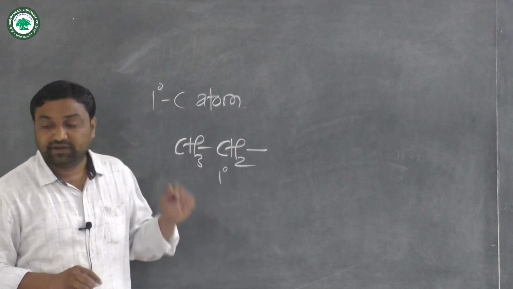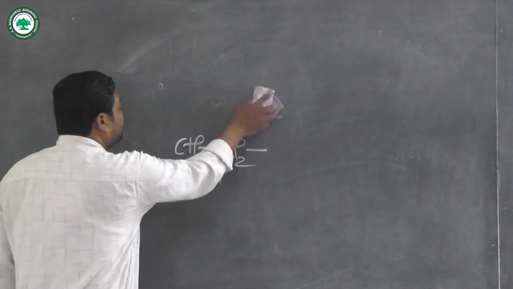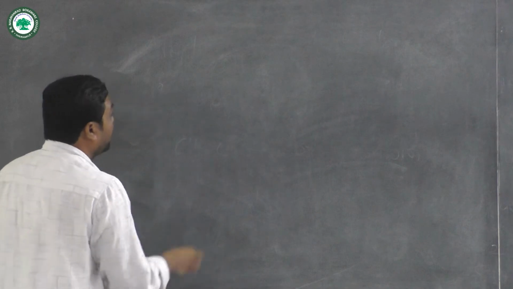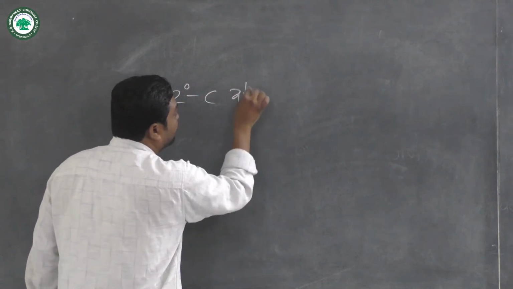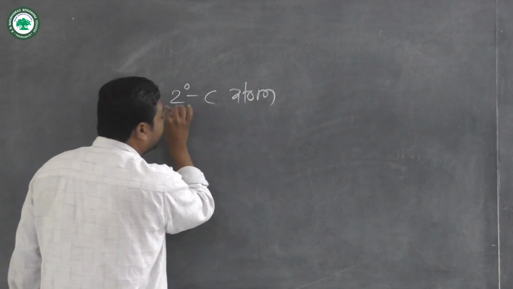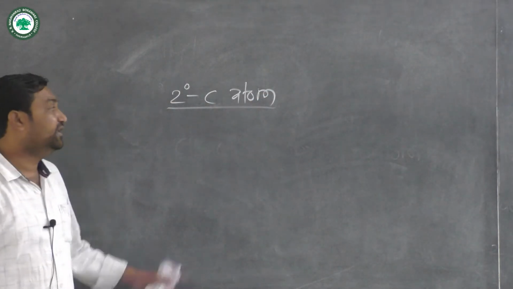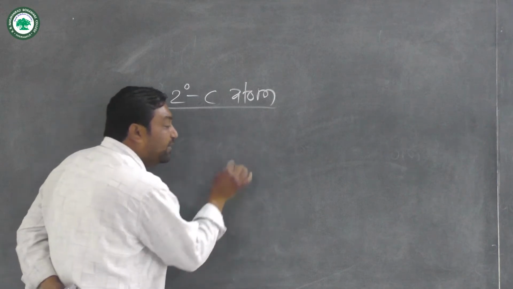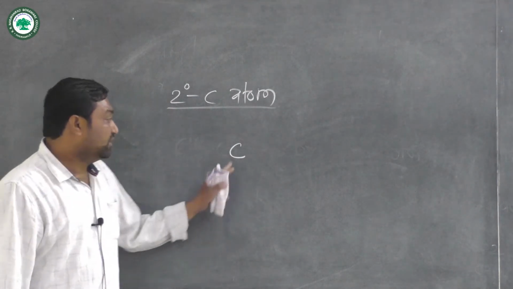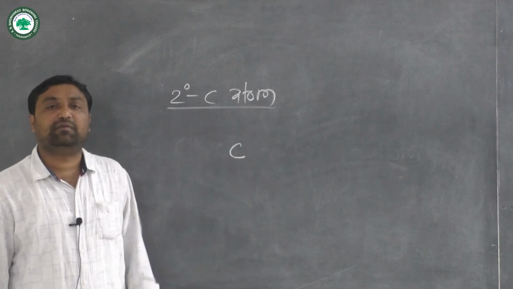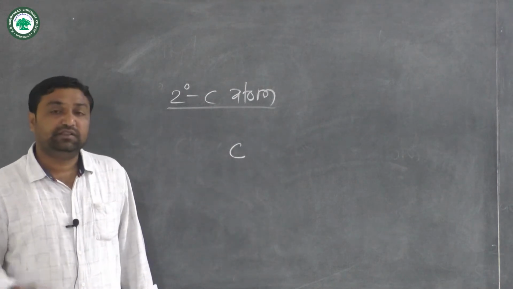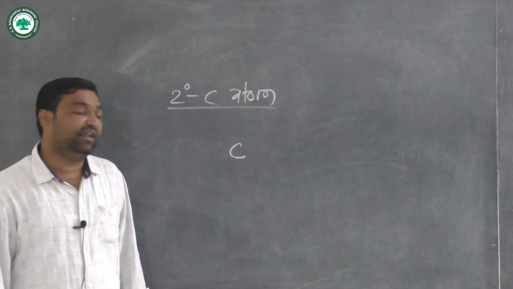Now, what is meant by secondary carbon atom? If a carbon atom contains two other carbon atoms directly attached to it, then that carbon atom is called a secondary carbon atom.